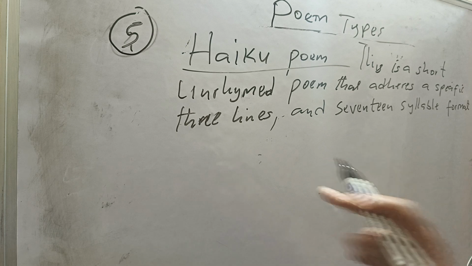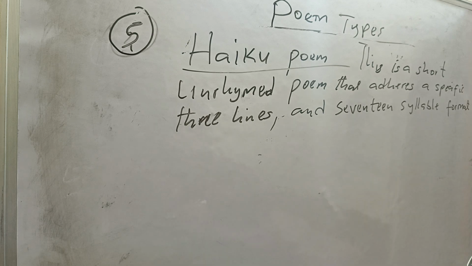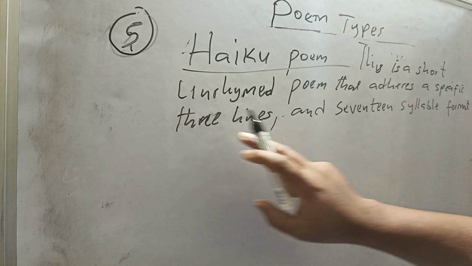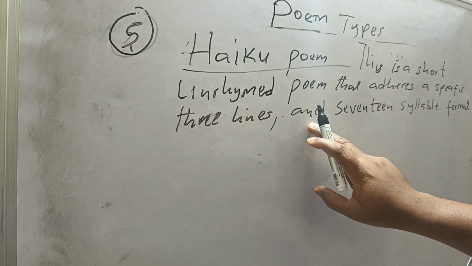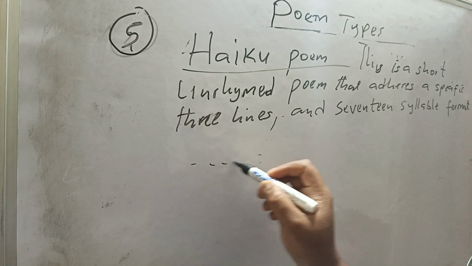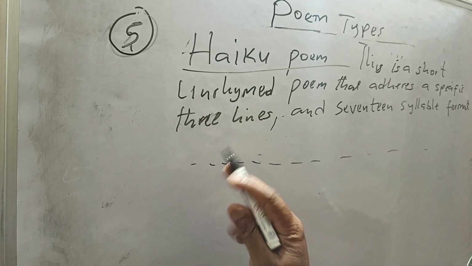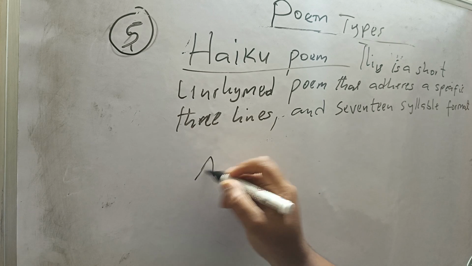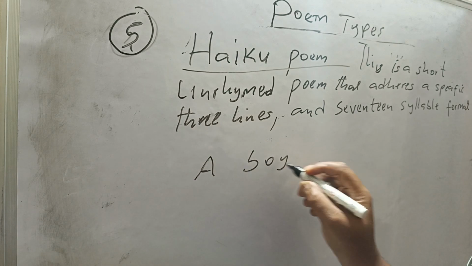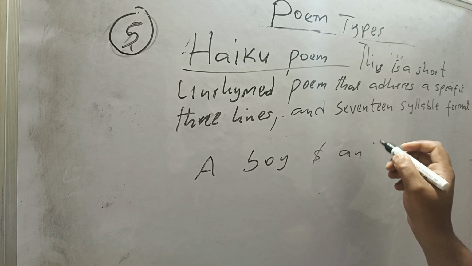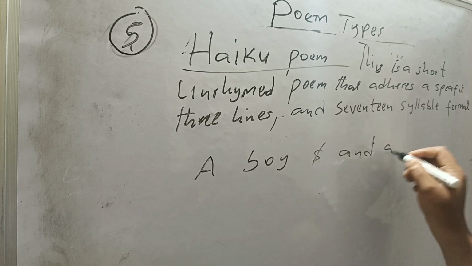So now what it's saying is that it is an unrhymed poem that adheres to a specific 3-line and 17 syllables. So it has to be 3 lines. Then, example, let me make an example. Say, a boy and a girl.